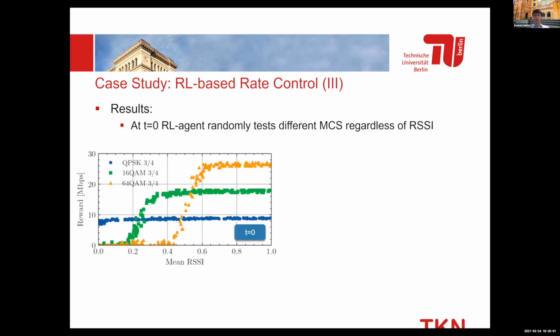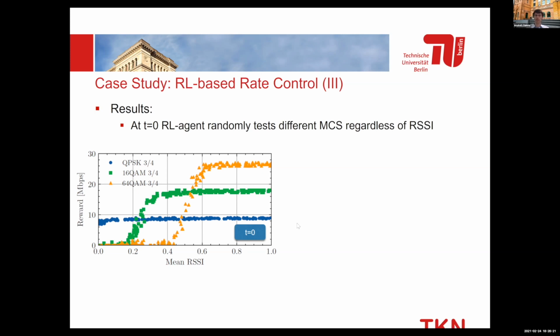Now let's see the results. So now we start the learning process, and at the beginning, when t equals 0, we see here the performance. On the x-axis, we see the RSSI, the observation, and on the y-axis, the reward.